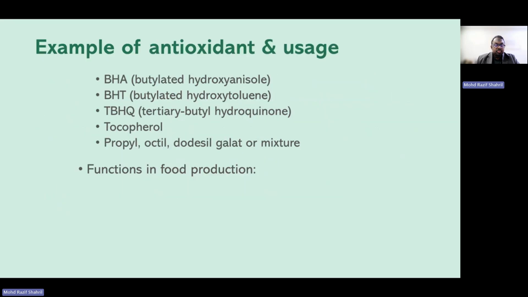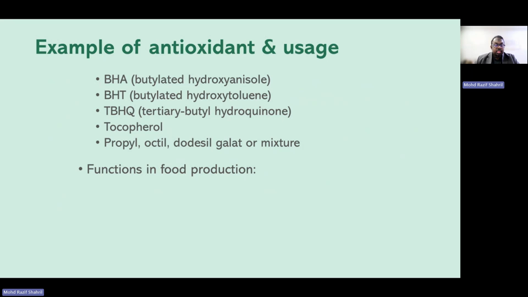We can look at several specific examples of antioxidant use in the industry. Some are synthetic, such as BHA, which stands for butylated hydroxyanisole, or BHT, butylated hydroxytoluene, and TBHQ, which is tertiary butyl hydroquinone.